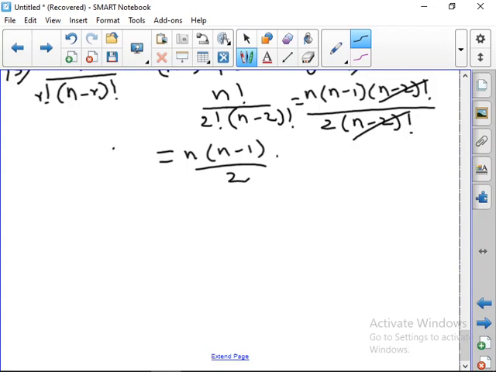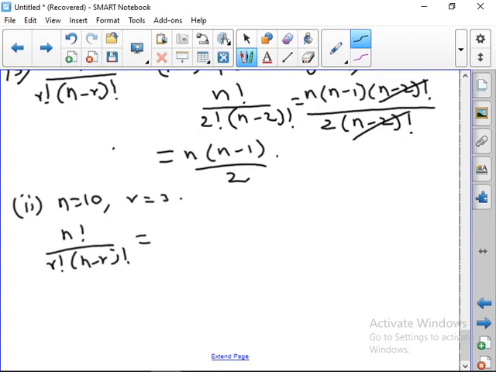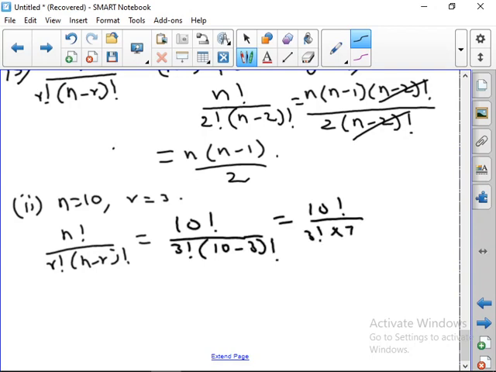Similarly, you can do the first and the second subdivision. Second subdivision, what about the second one? The first one you can take for homework. n is equal to 10 and r is equal to 3. So what is the formula? n factorial by r factorial into n minus r factorial. Substitute, what do you get? 10 factorial by 3 factorial into 10 minus 3 factorial, which is 10 factorial by 3 factorial into 7 factorial.